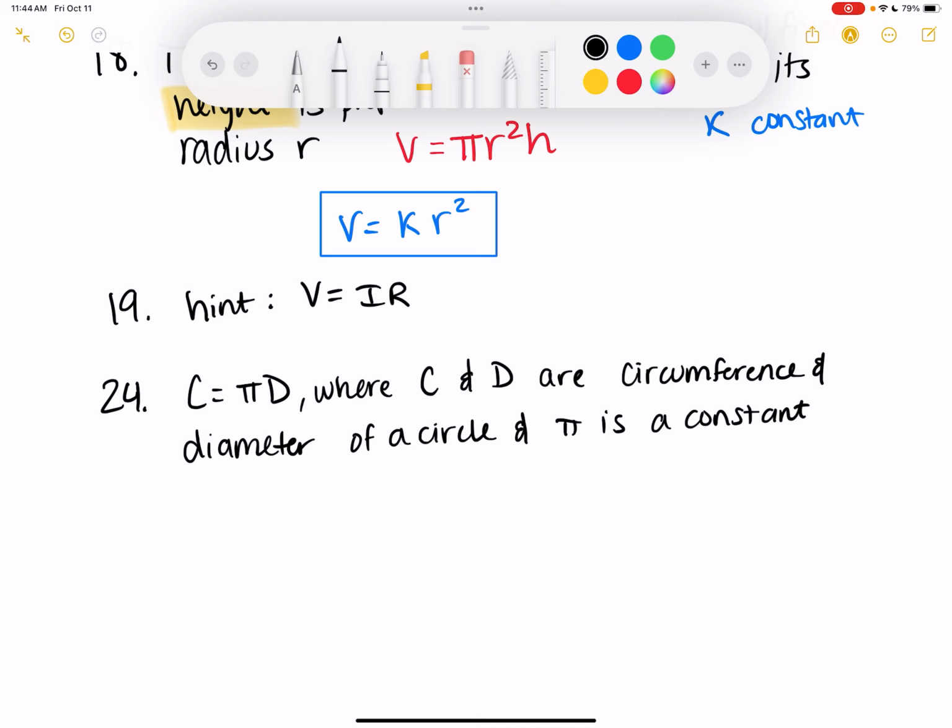So what do we think about this one? How would I relate the stuff that I have here? C is a direct variation of d.